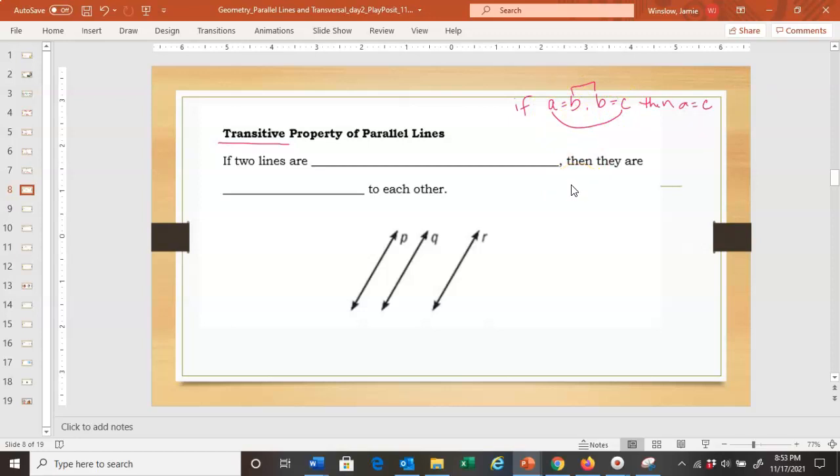So this is similar. We're talking about parallel lines. If two lines are parallel, then they are parallel to each other.